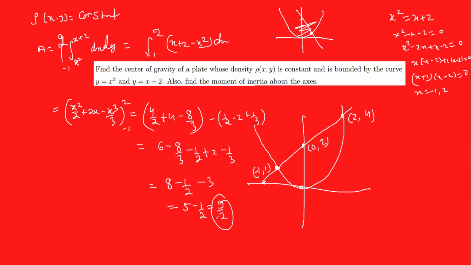Now see. For center of gravity, you have two things, x bar and y bar. What is formula of x bar?